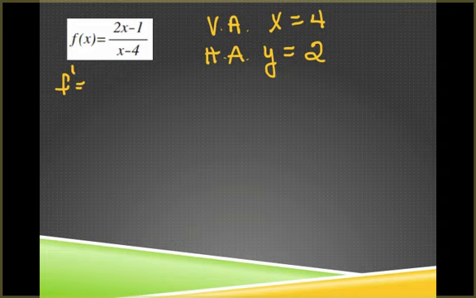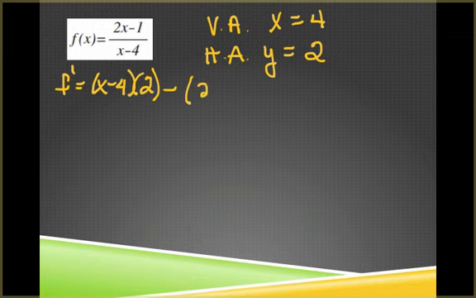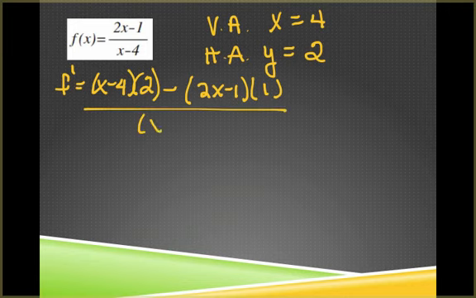Because we have a rational function, we're going to find the derivative by doing the quotient rule. So my derivative would be x minus 4 times the derivative of the numerator, which would be 2, minus 2x minus 1 times the derivative of the denominator, which would be 1, over x minus 4 squared.